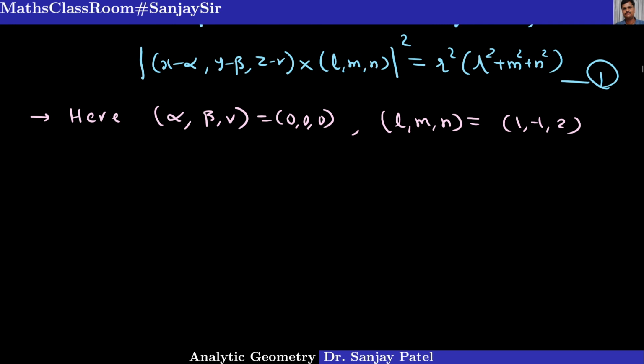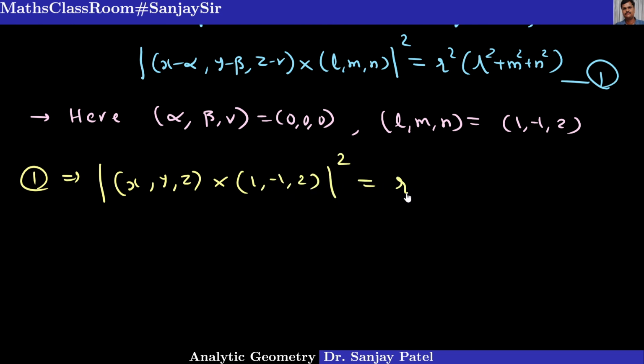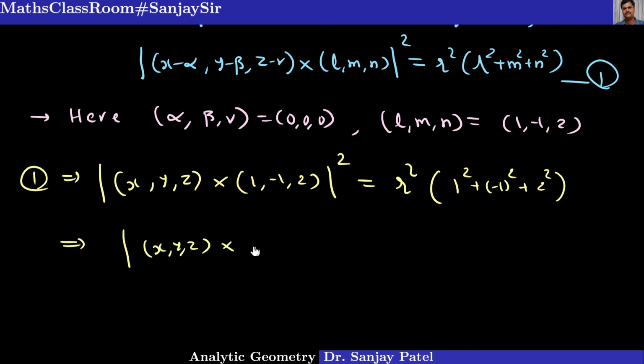So from equation 1 we get x minus alpha, that is x minus 0, simply x, y, z cross (1, -1, 2) square is equal to r square into (1 square plus -1 square plus 2 square), which I can rewrite as (x, y, z) cross (1, -1, 2) square is equal to, this is 4 plus 1 plus 1, so it is 6r square. Let me call this equation number 2.